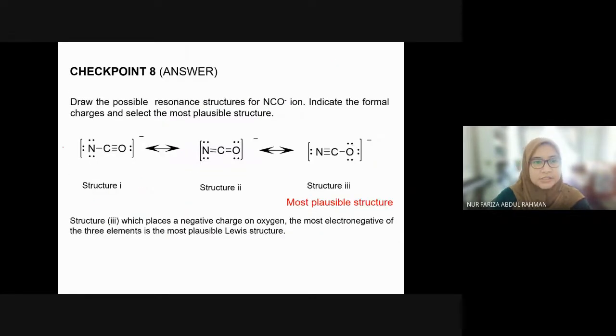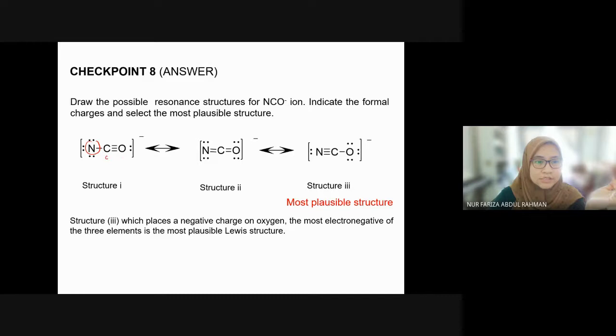So this is what we call the resonance structures, like what we had just now. You have to select. In this answer, they did not show the formal charges, but by right you should have your formal charges. Once you have calculated them, place them on top or below, at the bottom of the atoms.